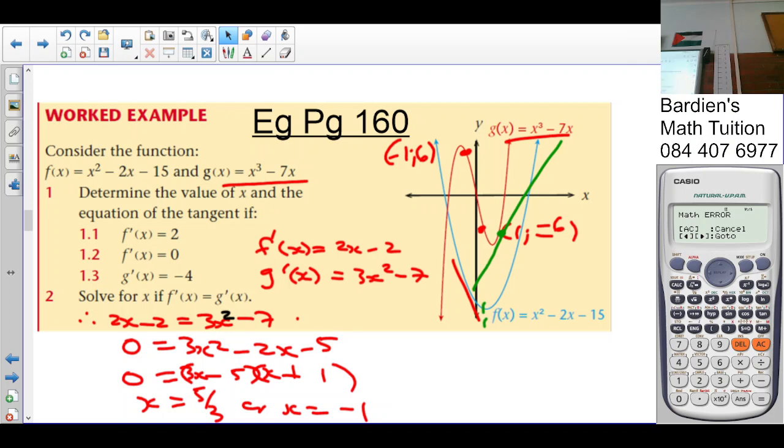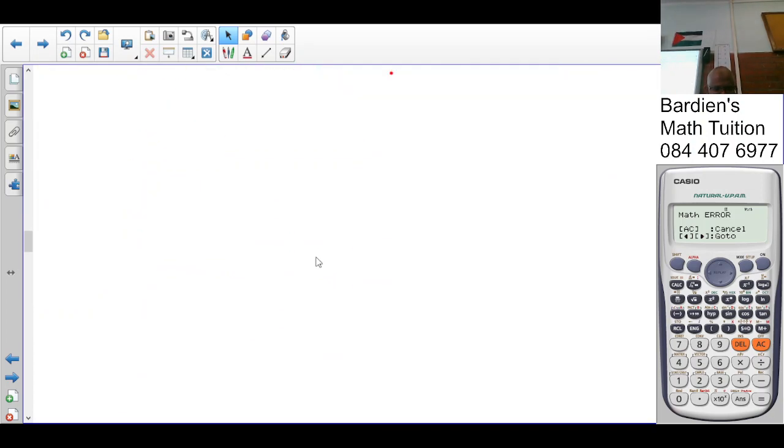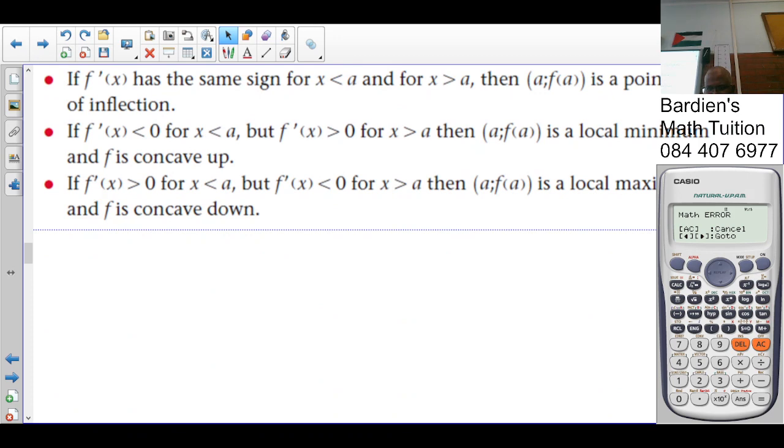Okay? In your second derivative, we're reading now on page 162. So here on page 162 we are told about the second derivative. Again, you guys can make notes of these units with these different concepts, okay? We're looking at the second derivative.